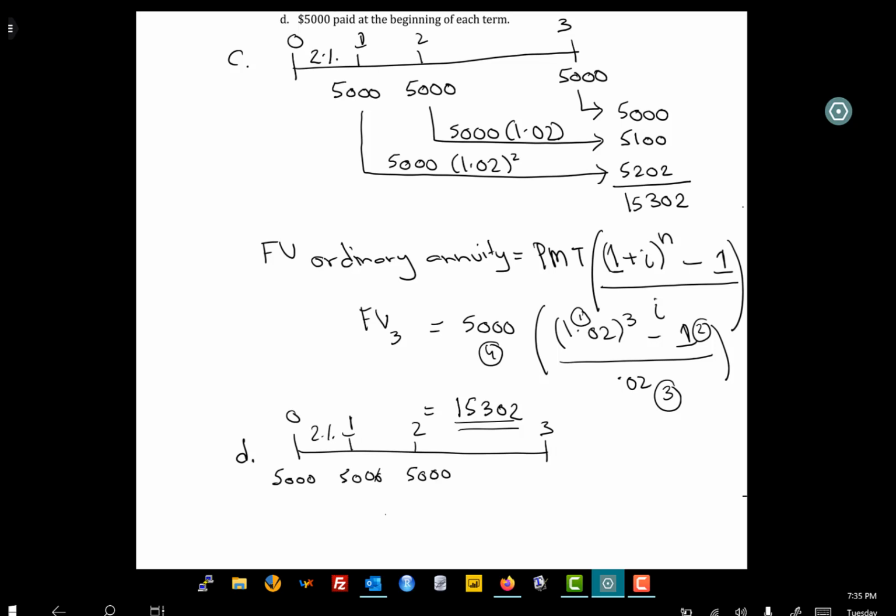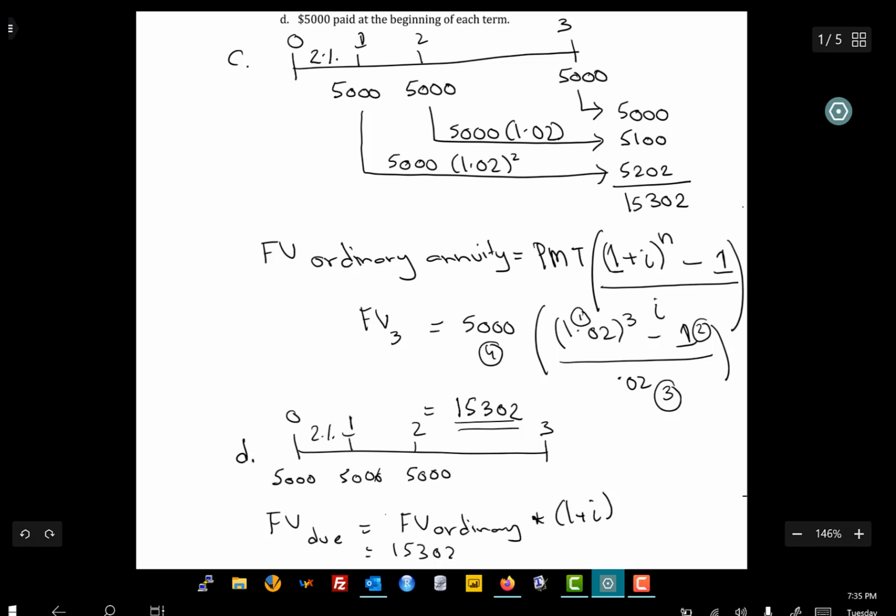Once you have solved for the future value of an ordinary annuity, the future value of an annuity due is just equal to the future value of the ordinary annuity times 1 plus I. So in this case, the future value is equal to 15,302 times 1.02. That'll give you 15,608. And that's it.